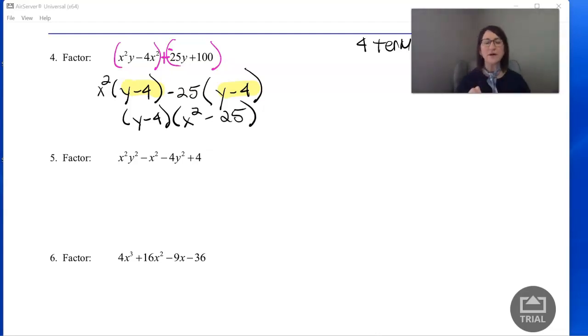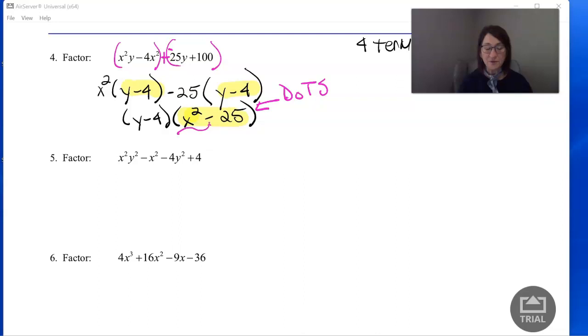Here's where you need to be careful. This x squared minus 25, that is the difference of 2 squares. Sometimes I'll call it dots. Difference of 2 squares. And that needs to be factored a little bit more.